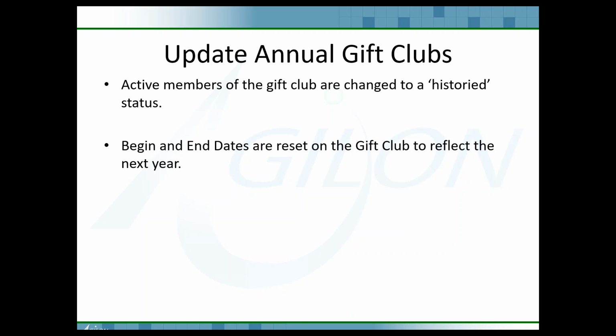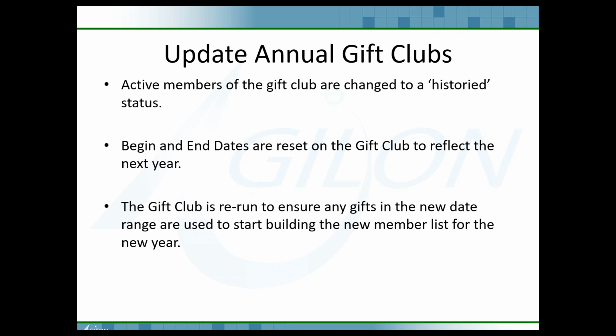The beginning and ending dates of those gift clubs are going to be reset so that they will reflect the new year. And then the gift club will be run to ensure that any gifts in the new date range are in the gift club to start the new year.